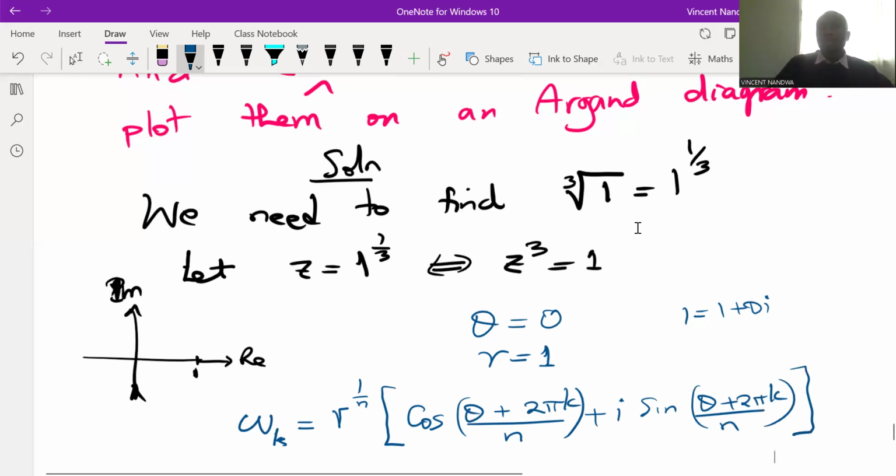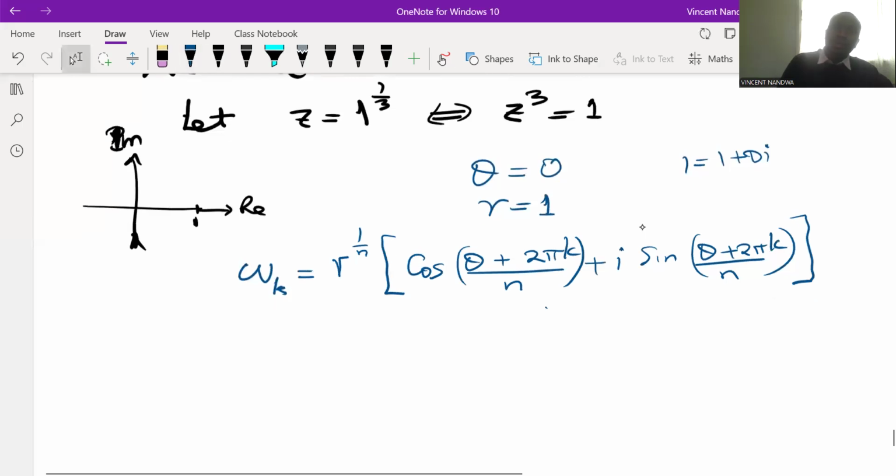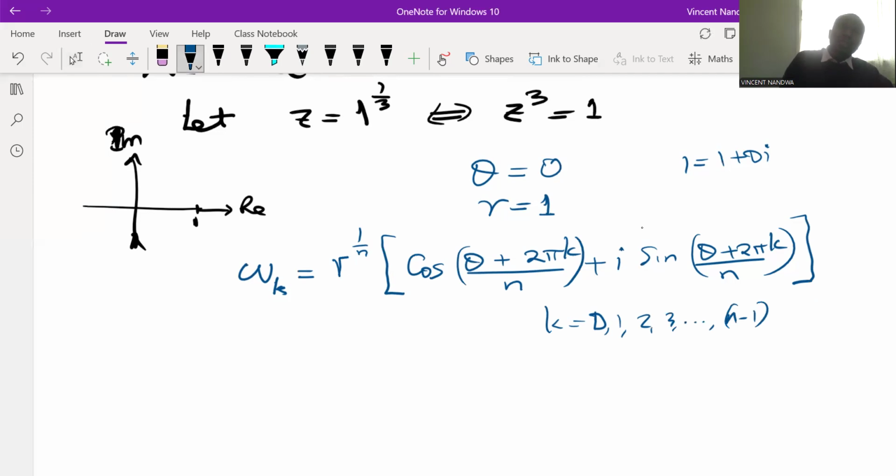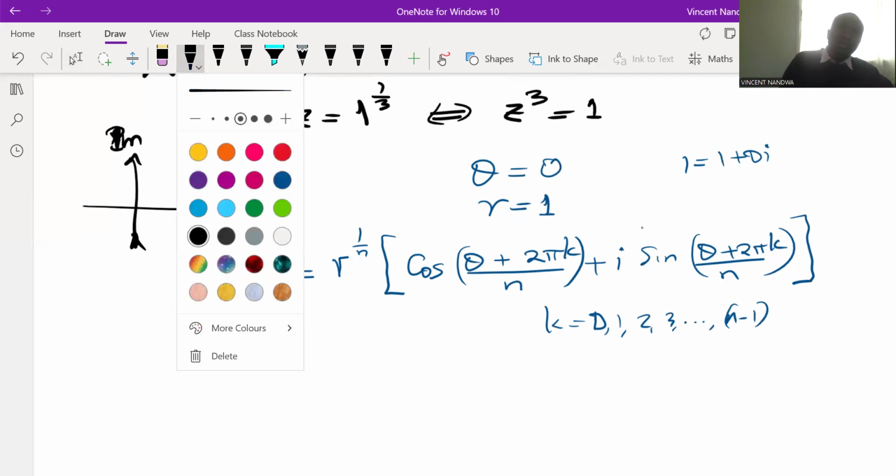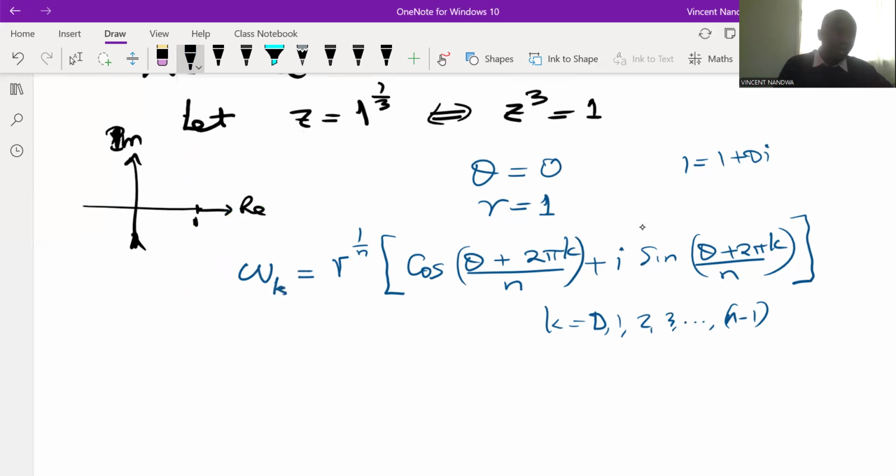Then you close the brackets, where k runs from 0, 1, 2, 3, etc. up to n minus 1.